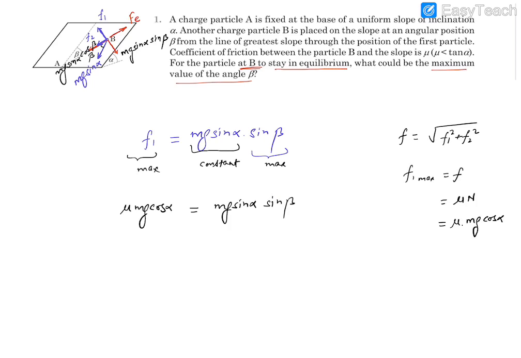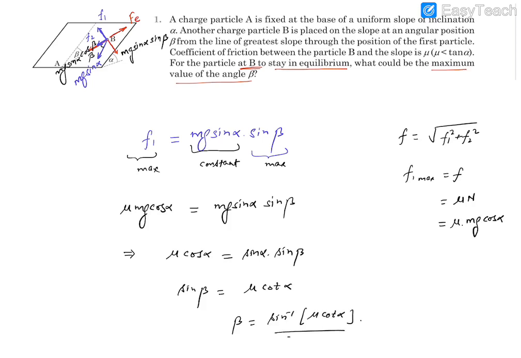From here, whatever beta comes out is going to be the maximum. Now we can do the calculations. mg gets cancelled out. It's going to be mu cos alpha equals sine alpha into sine beta. From here we can find beta: sine beta is equal to mu times cos by sine, which becomes cot alpha. So beta should be equal to sine inverse of mu cot alpha. This becomes our answer. Okay, thank you everyone.